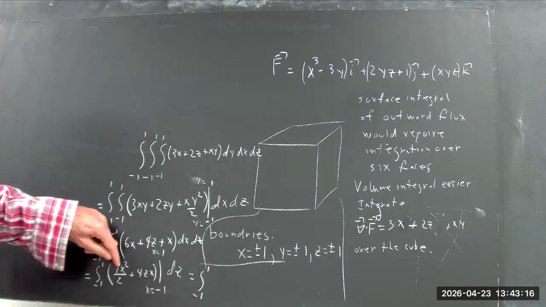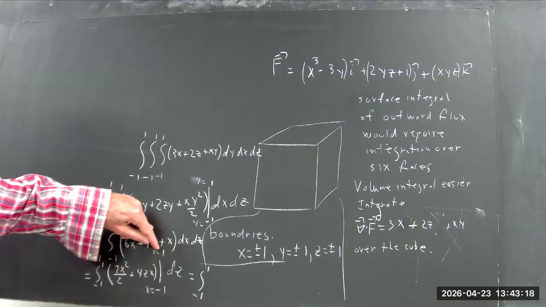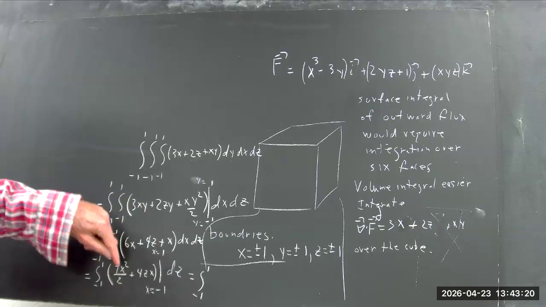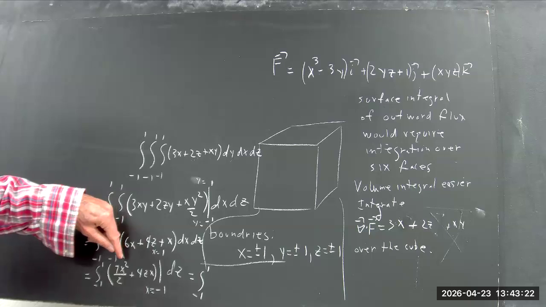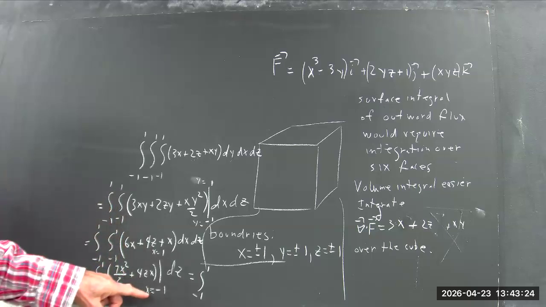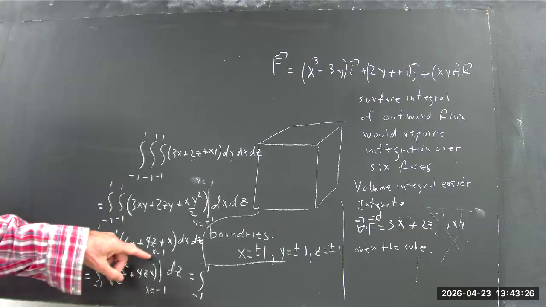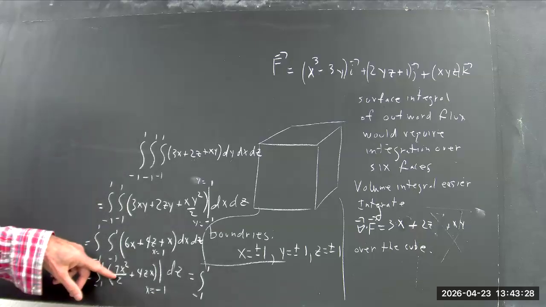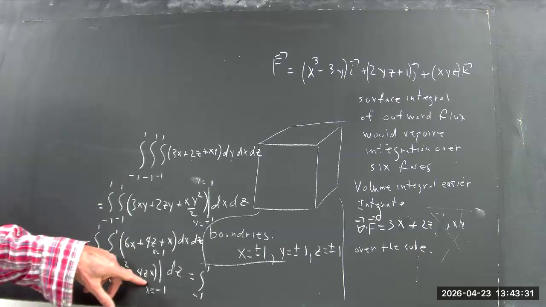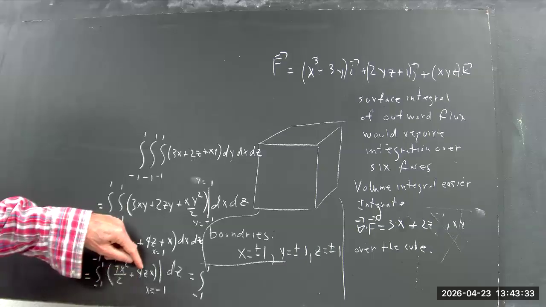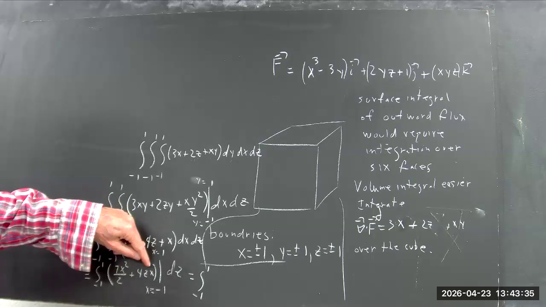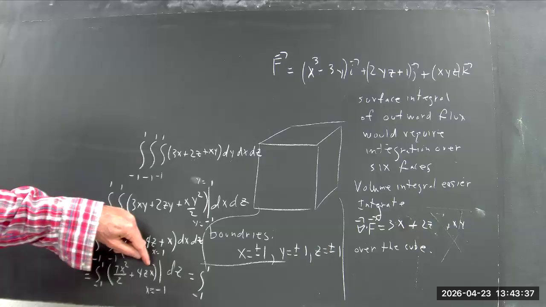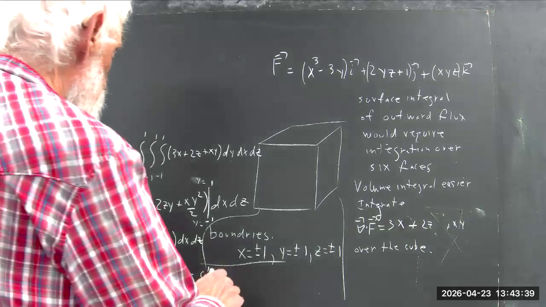Now, x squared evaluated at 1 is 1, and evaluated at -1 is 1. So x squared evaluated from -1 to 1 gives you 0. So you get 0 here. And here you get 4z times 1 minus 4z times -1, which is 8z.